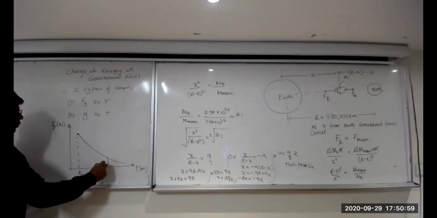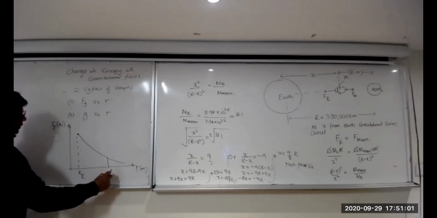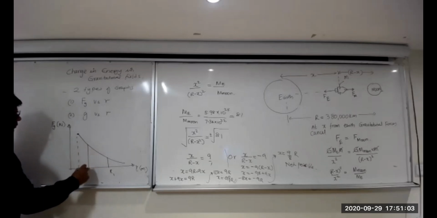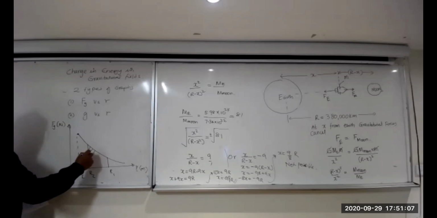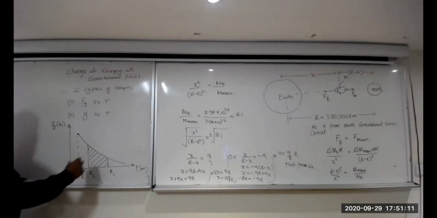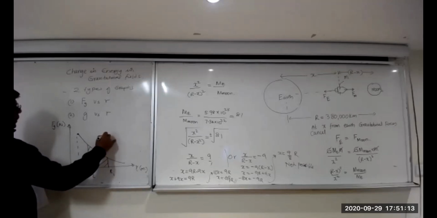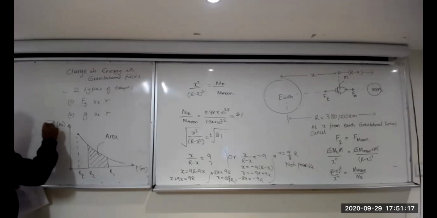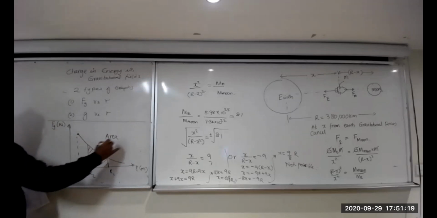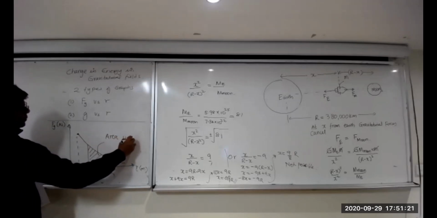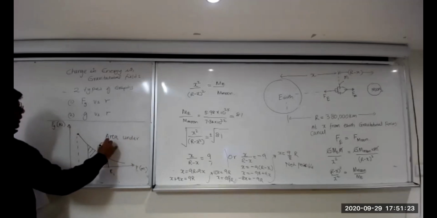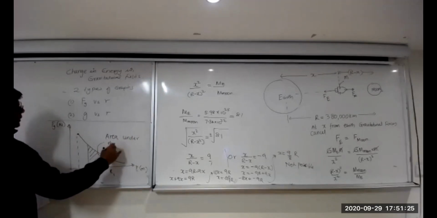So if that is moving from one distance to the other, the area under the graph, unfortunately, you have to count the squares in some cases. You don't need to times by the mass because it's a force-distance graph. The area under the graph will give you the change in energy.